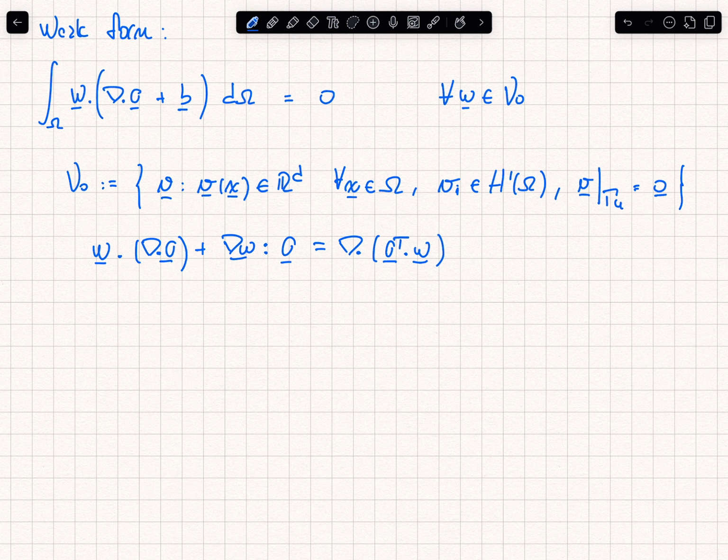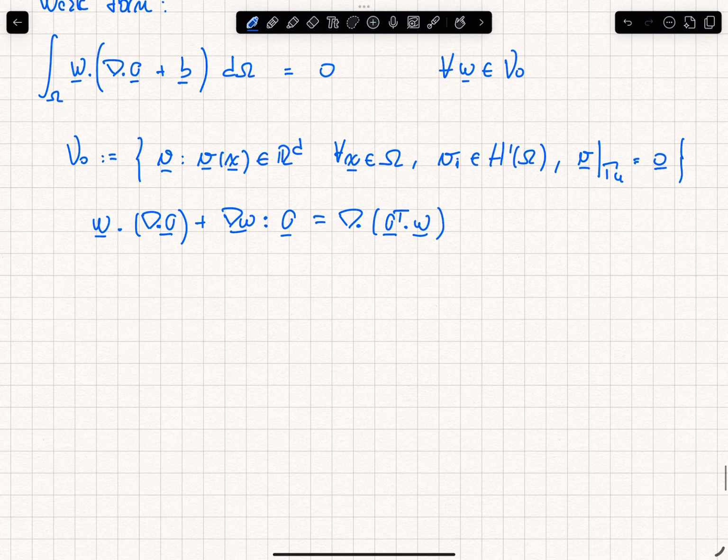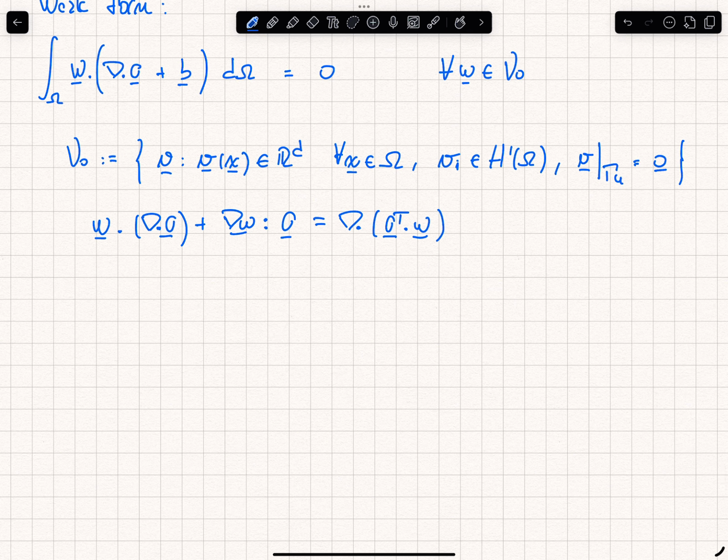And so, let's just see what we get. I don't know if you recall from other courses, but if you have 2 tensors, say A and B, the contraction between those 2 tensors is basically a scalar that is defined as A_ij B_ij.